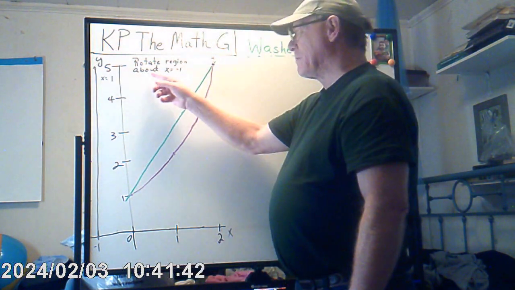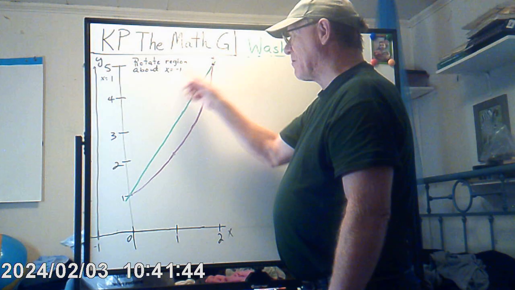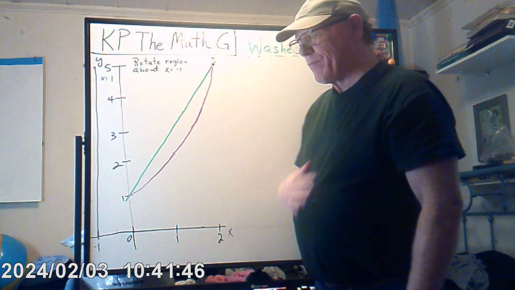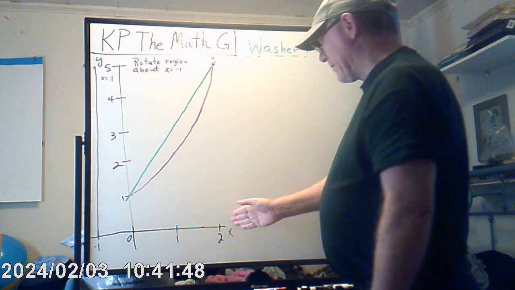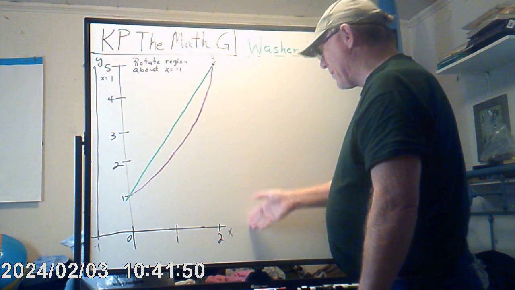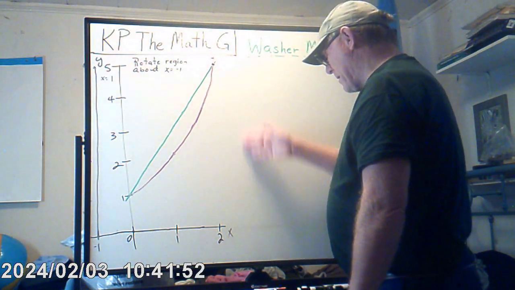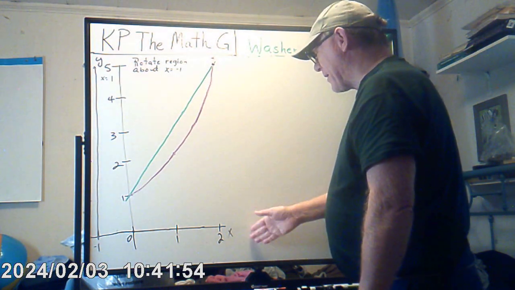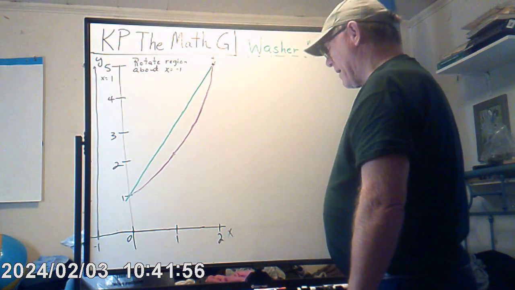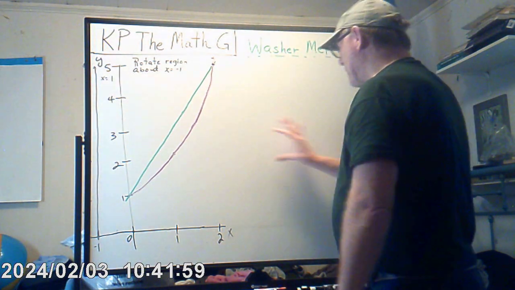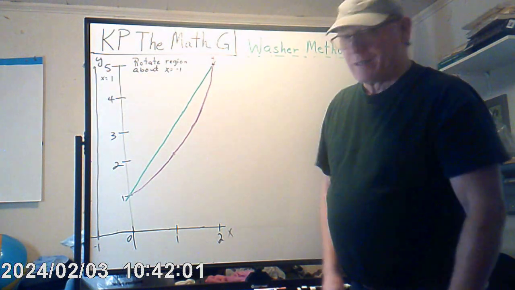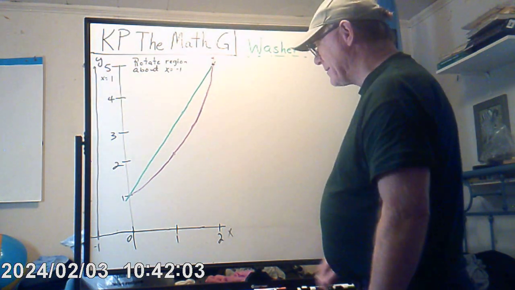I'm going to rotate one region about x equals -1, and then the other one I'm coming over here somewhere, probably up to about 3 or 4. I don't want to go too far out this way. This is my work area, so I really need to limit my space.